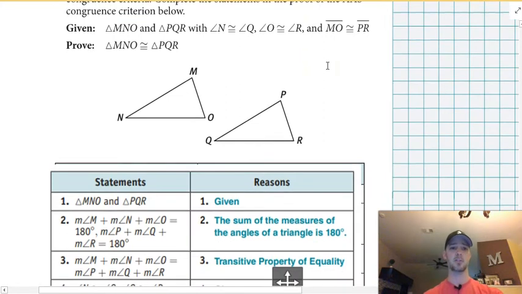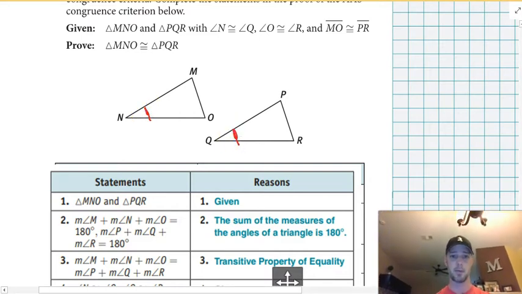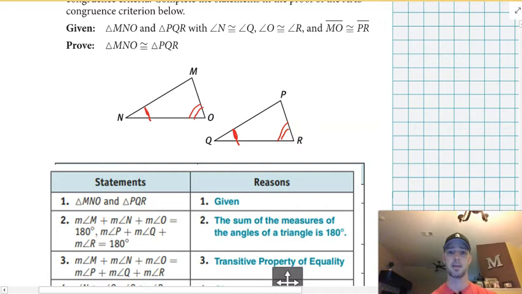Triangle MNO and triangle PQR with angle N congruent to Q, angle O congruent to R, and side MO congruent to PR.